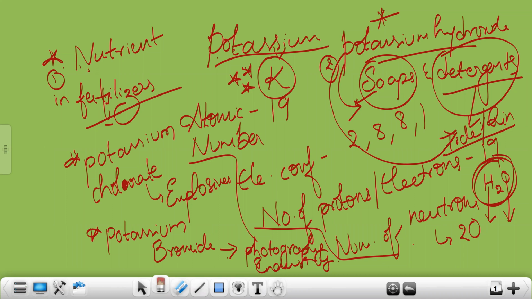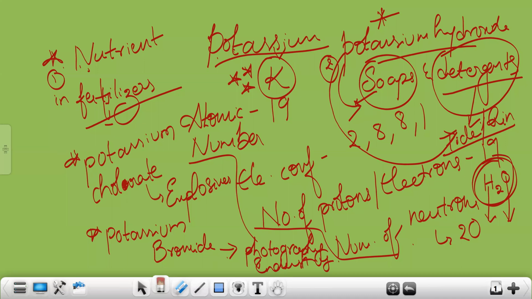So potassium is used as a major nutrient in fertilizers. Surya Kiran, for you only I was repeating these points. Please note them down, or listen carefully, and then you have to tell me back the answer. The first use of potassium is as a major nutrient in fertilizers. Fertilizers are something we use in agriculture.